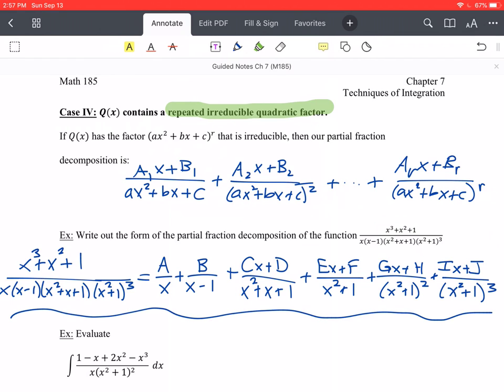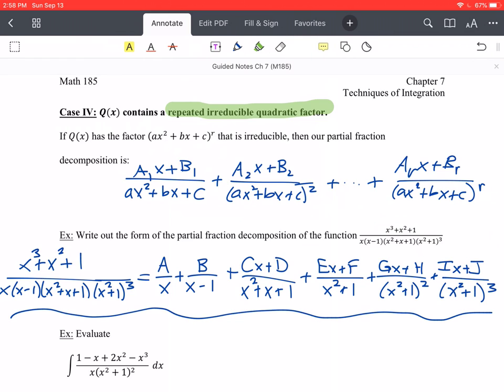And that would be our partial fraction decomposition for this one, because it has, right, 1, 2, 3, 4, 5, 6 there. So we're going to have 6 terms in this decomposition.